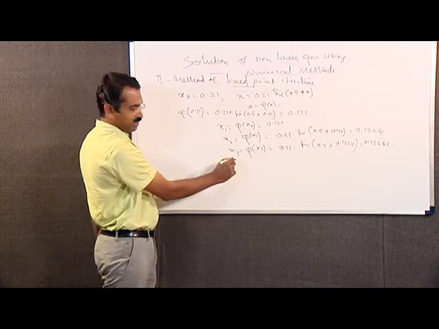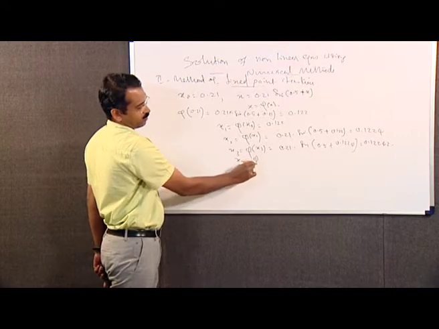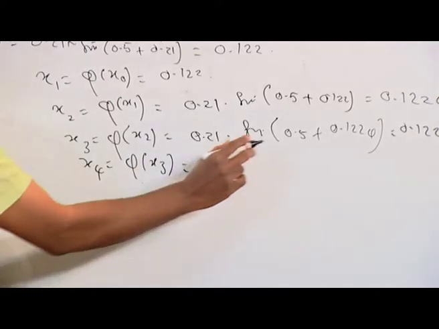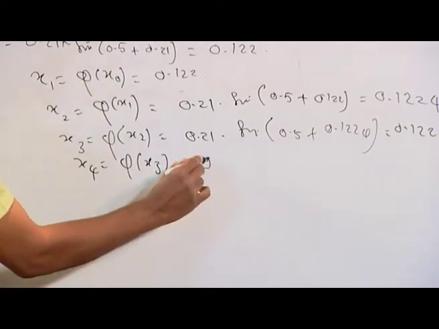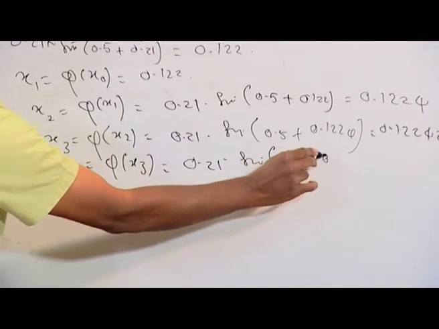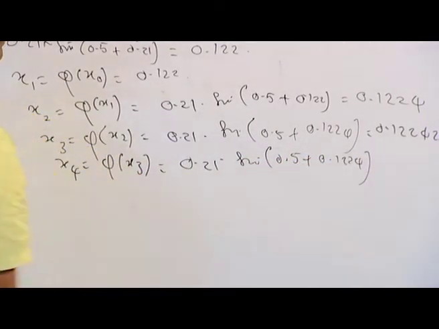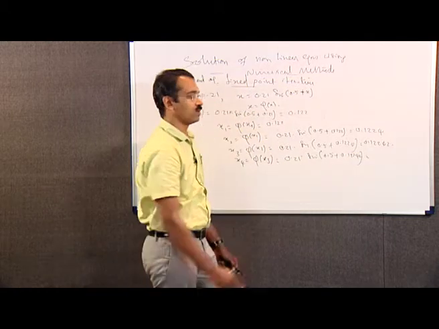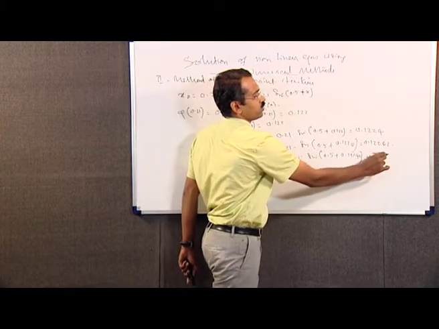Now x 4 is equal to phi of x 3. We will get x 4 as 0.21 into sin 0.5 plus 0.1224, that is approximately equal to 0.12242.